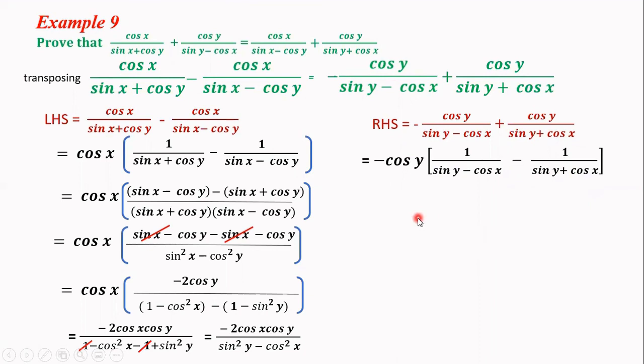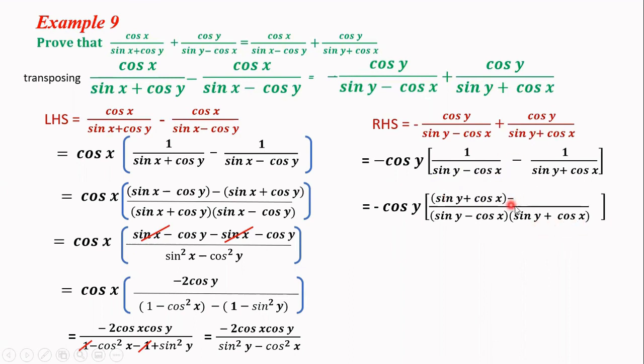Now let's do the LCM within the bracket. The LCM is sin y minus cos x and sin y plus cos x. When we compare the denominator of the first term and the LCM, this sin y plus cos x is not there in the denominator, so 1 should be multiplied by this sin y plus cos x.